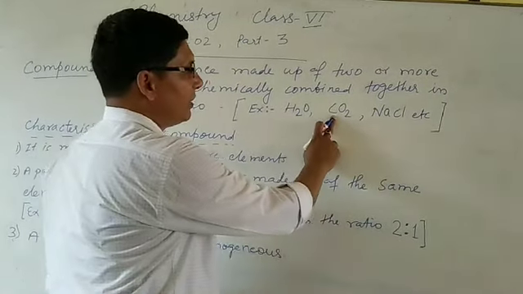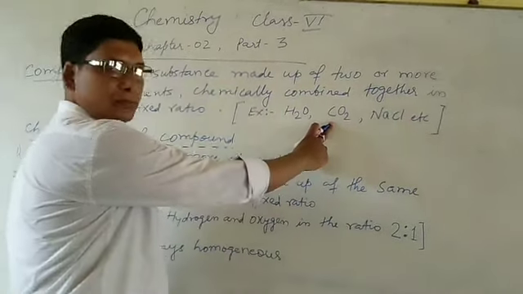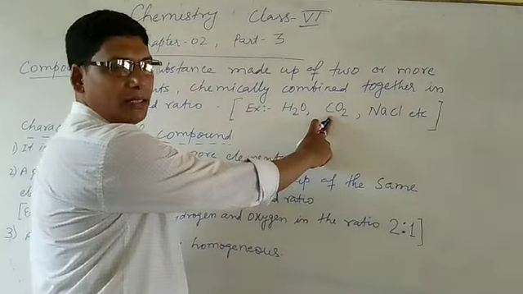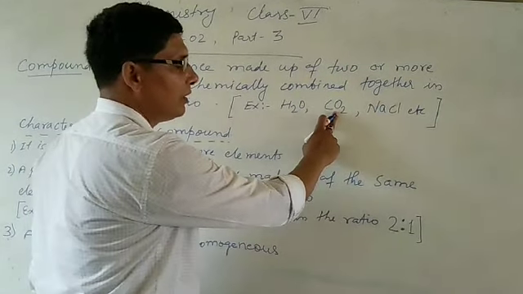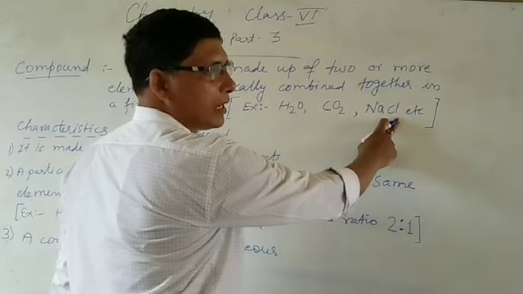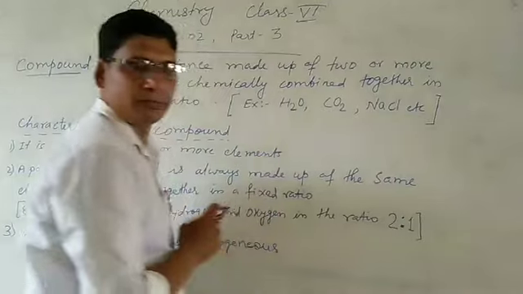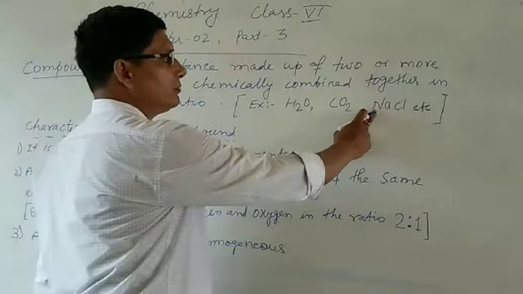This is another example, CO2. It is carbon dioxide, a gas. It consists of two different elements, carbon and oxygen. Another example, NaCl, sodium chloride. The common salt that we eat is sodium chloride.